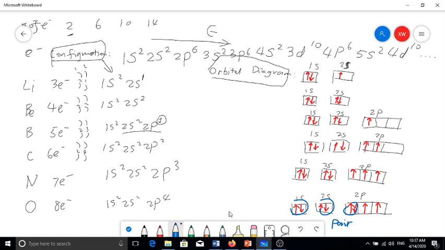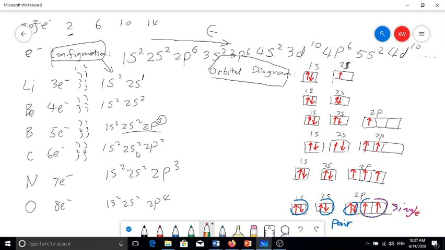And when you have this kind of electron, we call them single electrons, since they're not paired. So one of the key pieces of information once you draw the electron configuration and the orbital diagram is you can tell not only how many electrons, but also how many pairs of electrons and how many single electrons.